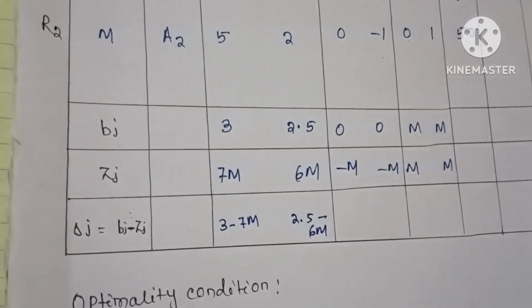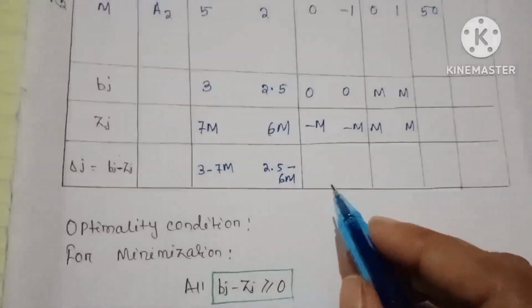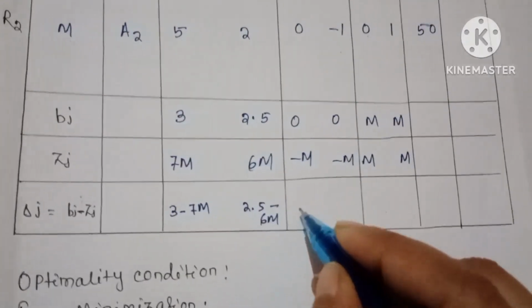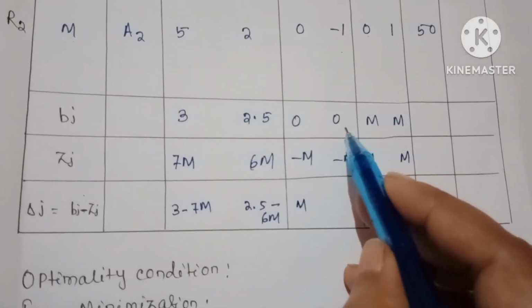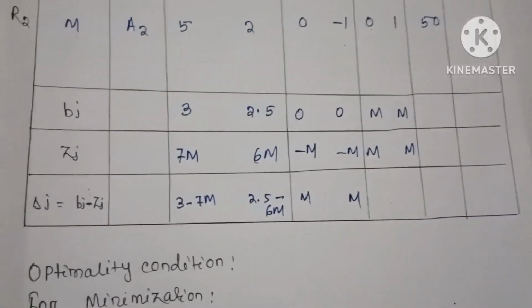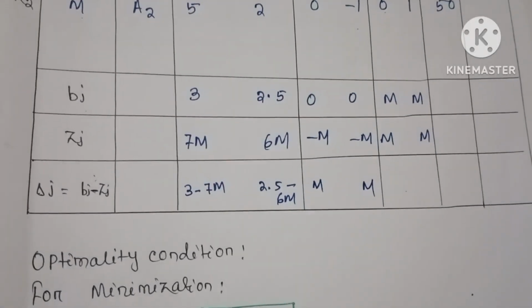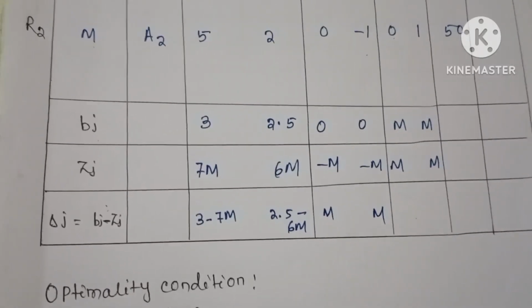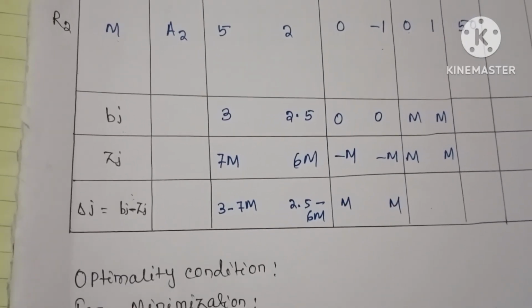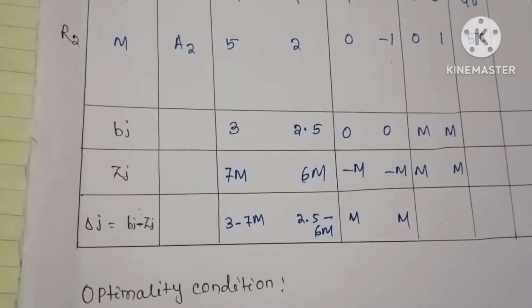Here it will become 0 minus M, it will become plus M. Here again 0 minus M, again this becomes plus M, right? Now we have to check which one is the largest negative magnitude in order to find out the key column.